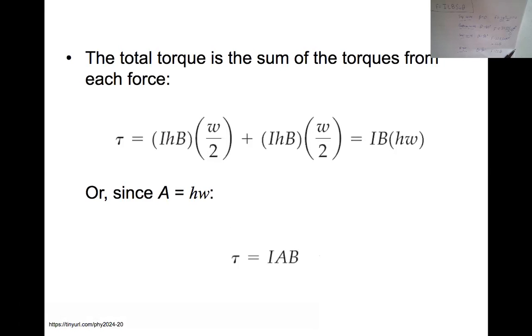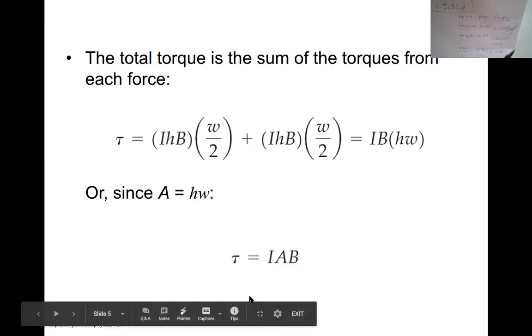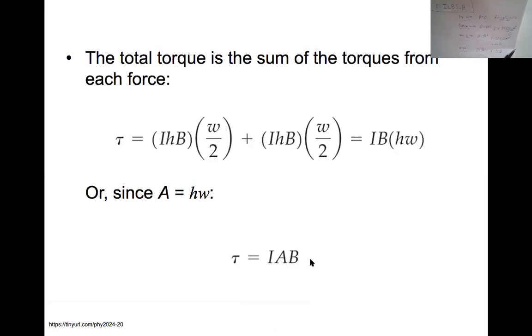Now, although we derived this from a rectangular loop, the torque on a current carrying loop will follow this equation also for other shapes, okay? You can have a square loop, you can have a circular loop, okay?